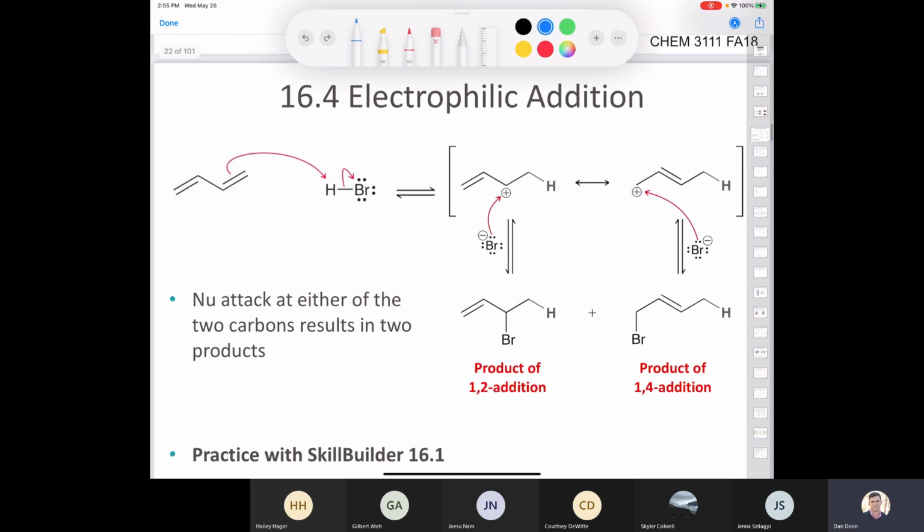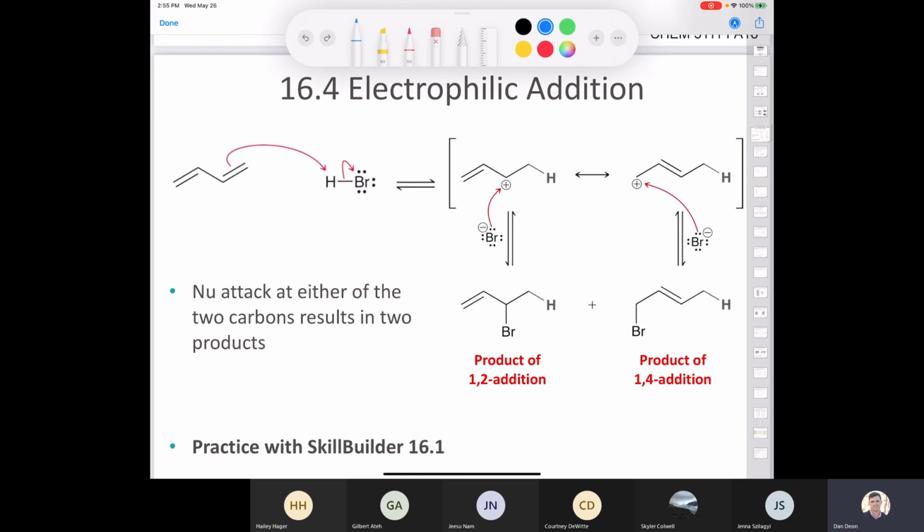Again, this is showing what I was just trying to represent, that you end up with these 2 different carbocations, and the bromide can come in and attack that positive center, and you end up with 2 different products, one that we call the product of the 1,2 addition, and the other one we call the product of the 1,4 addition. Where do those numbers come from?